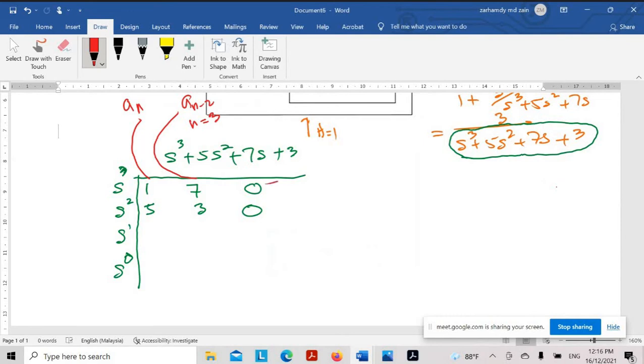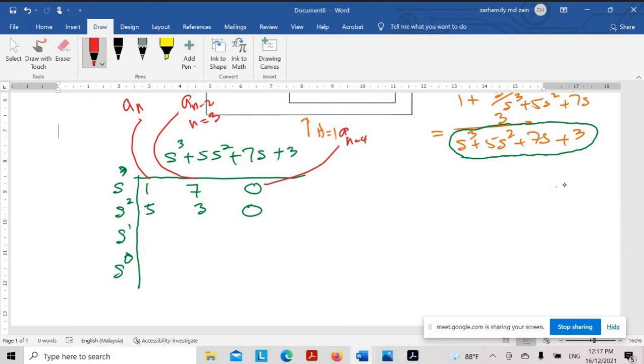So here is AN minus 4, tak ada lah, we don't have this, because of negative 1. We don't have S to the power of negative 1. We only have S power of 0, only 3.